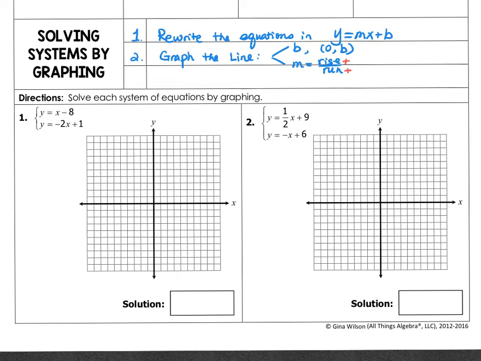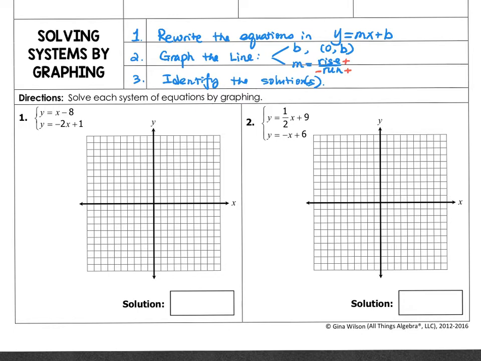But run can be positive when we run to the right, and can be negative when we run to the left, right? So then the third step is to identify the solution, or solutions when they overlap, right?